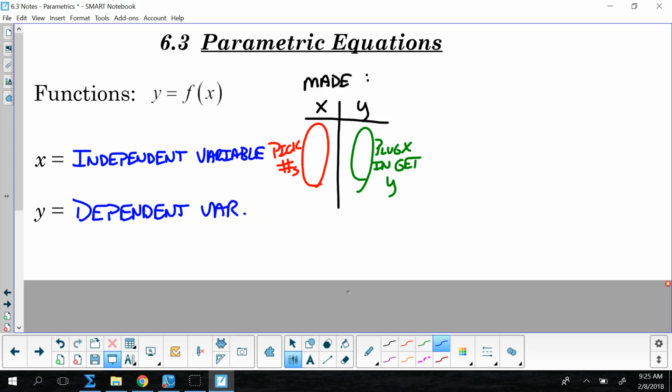Then, to make the graph, what did we do?